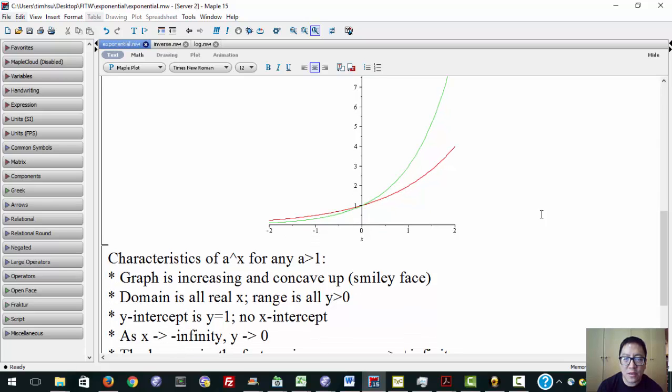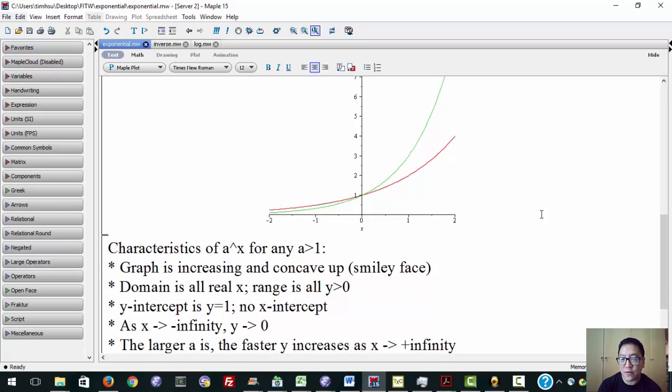I just wanted to mention that the characteristic of a to the x for any a greater than 1 is that the graph of that function is going to be increasing, as x increases, y increases, and concave up. Technical meaning of that aside, it looks like part of a smiley face. The domain of a to the x is all real x, so for any real value of x, you can take a to the x.